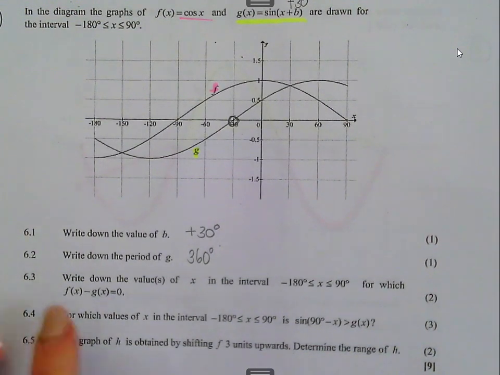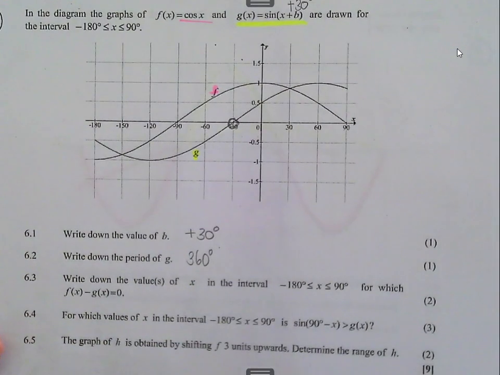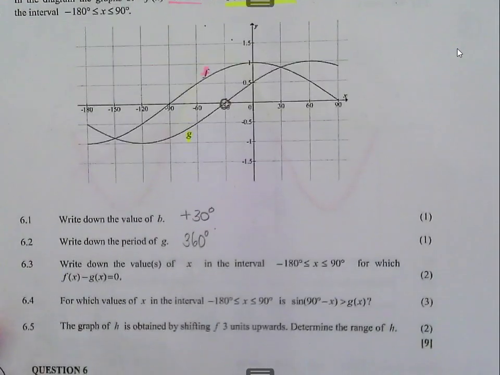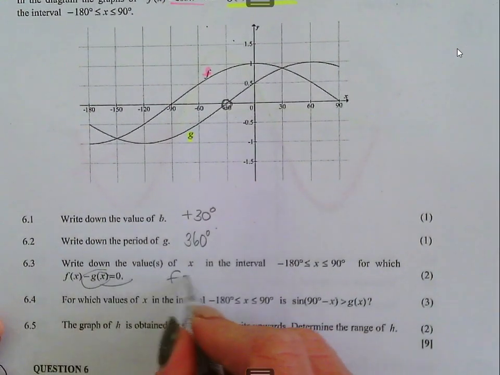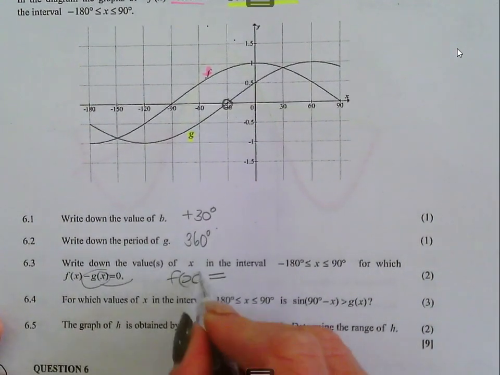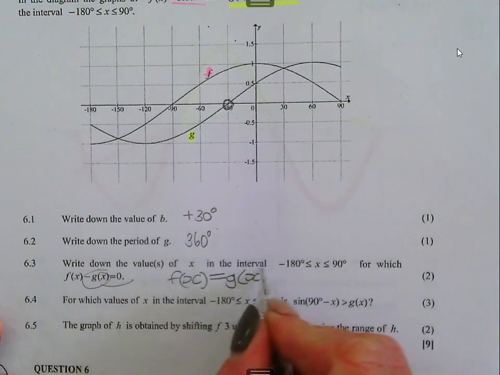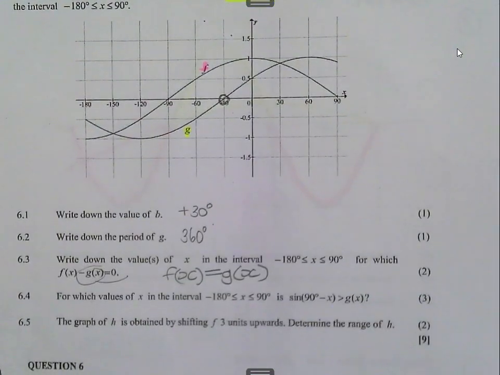So what they're actually asking for is, where are these two equal to each other? If I manipulate this, I take that one to the other side, then I've got f of x equal to g of x. Do you see? Manipulate the question to know what they're asking. Can you read from the graph where they are equal to each other? I can.